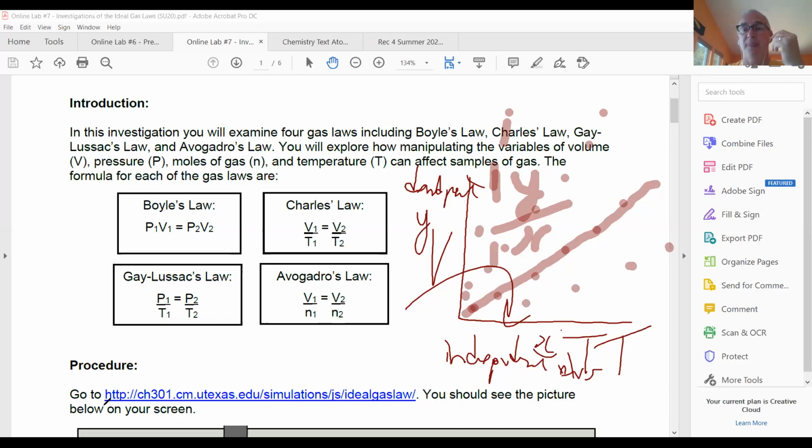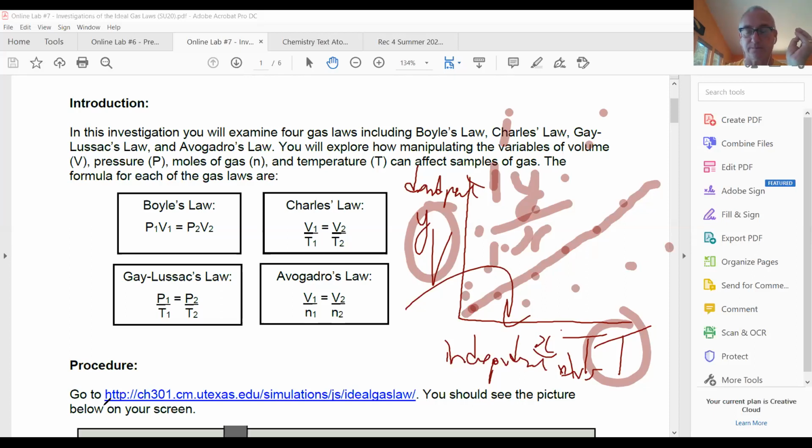Whatever it is, the slope of the line tells me what the relationship is between volume and temperature. Does everyone remember that the slope of a line is y over x? You remember that from math class? Hopefully you do. There's going to be some math in this one, I'm afraid.